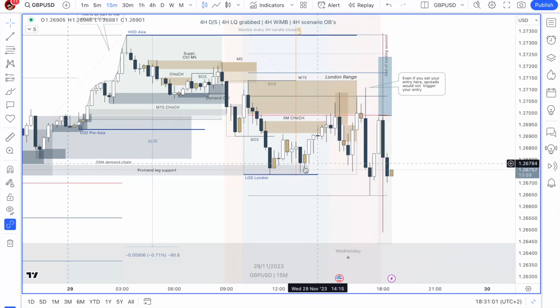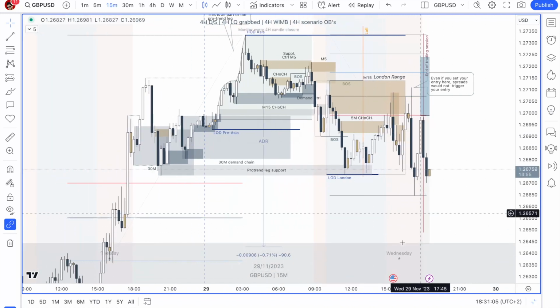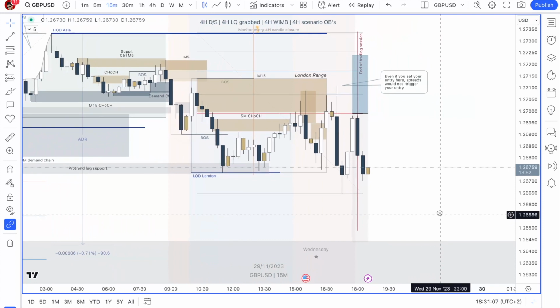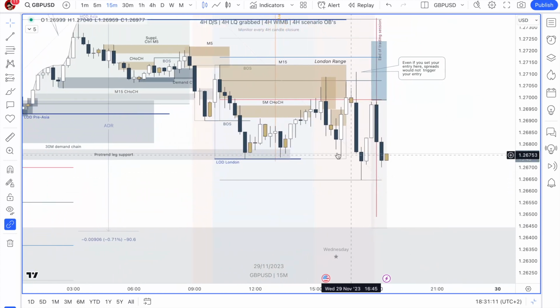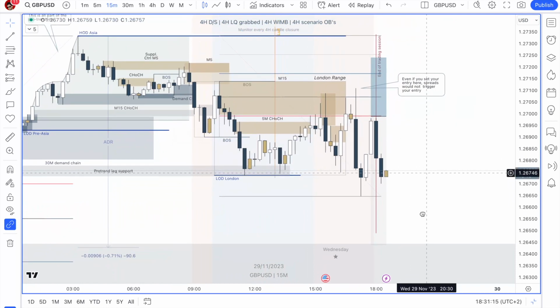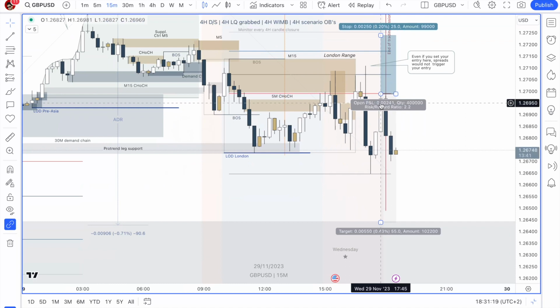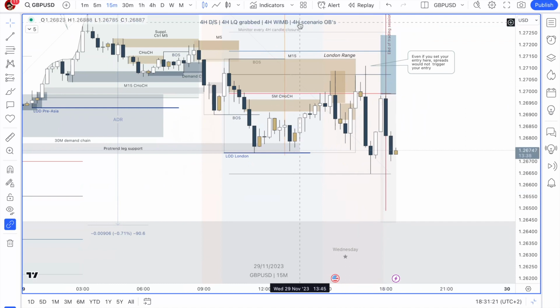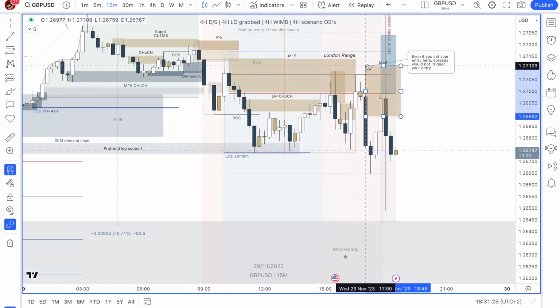And then we took this London range, where there's still some space in terms of ADR and the nearest FOB for target purposes. But essentially at this point in time, it was a bit too late in the day because this candle came in. Maybe what I should do is just mark this out as well.